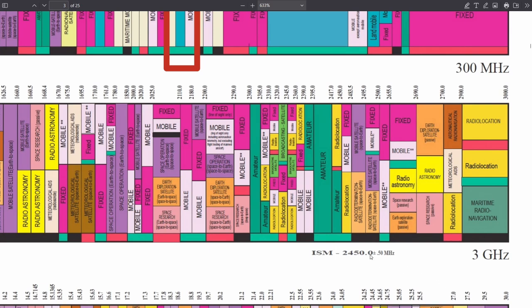I'm going to start developing hardware that will send out data at 2.4 gigahertz, and then I'll also create receivers that will receive that data, and then we can use that transmission for things like headphones or computer mice or whatnot.